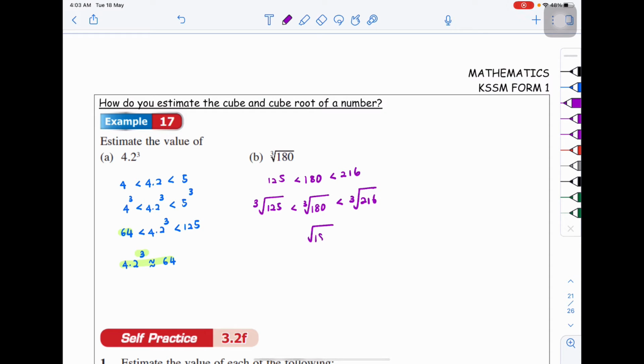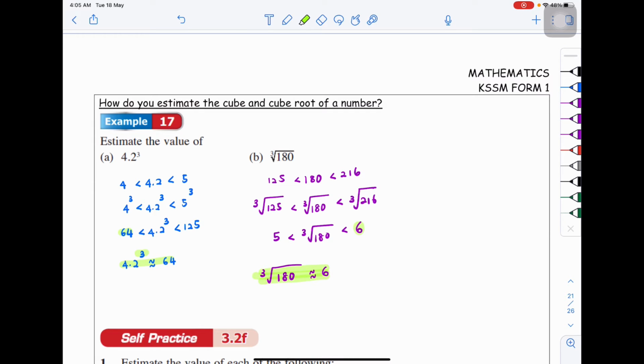Therefore, we know that the cube root of 180 is in between the cube root of 125, which gives us 5, and the cube root of 216, which gives us 6. So we know that the cube root of 180 is approximately equal to 6. We take this one.